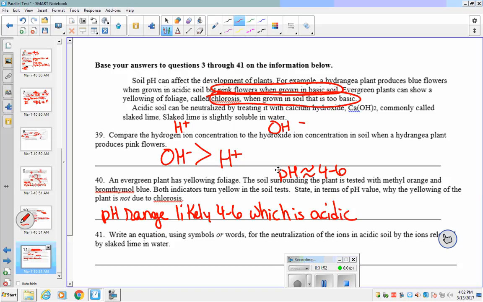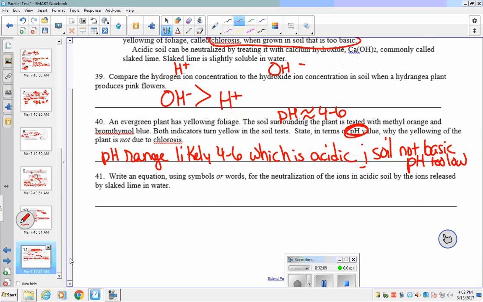You could also say the soil is not basic. What you do have to make sure is that you mention pH. So you do want to mention specifically why in terms of numbers that is the case.